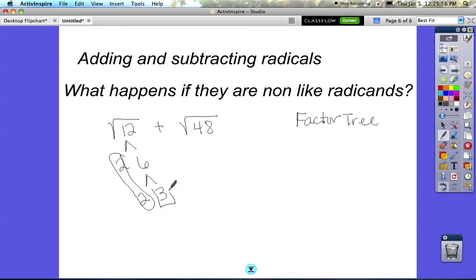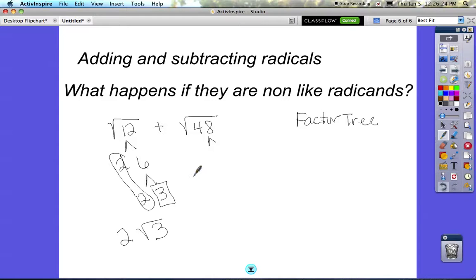So I typically box it in. So what's the only thing that can leave the radical? A 2. Even though you've got a pair of them, you've only got one pair. Okay? So that's going to be 2, and what has to stay home? A 3. Okay?